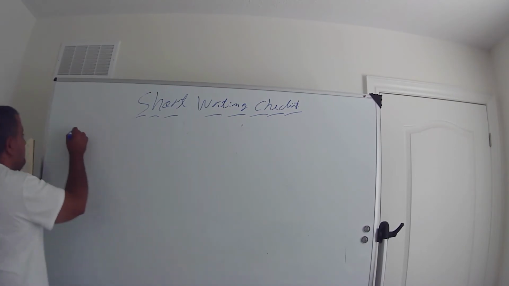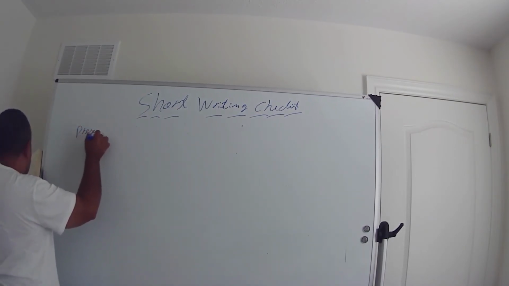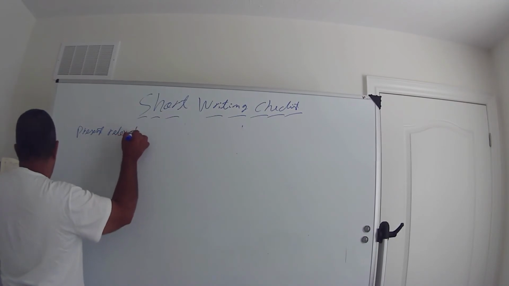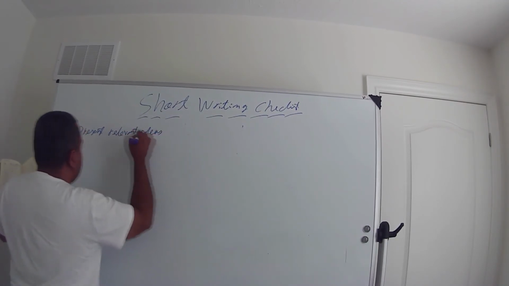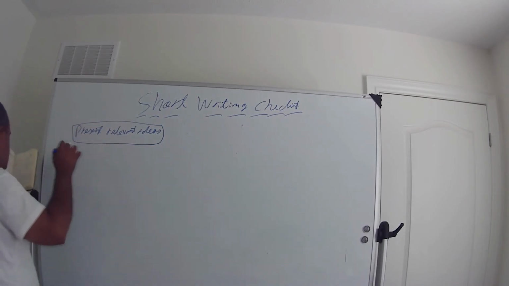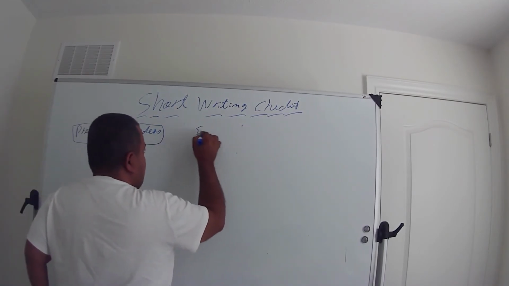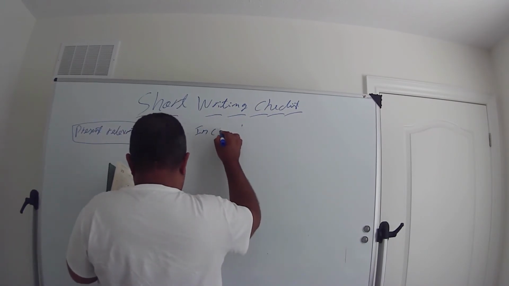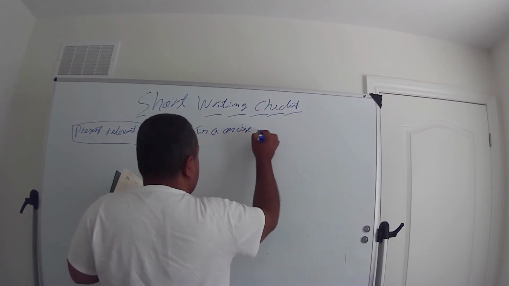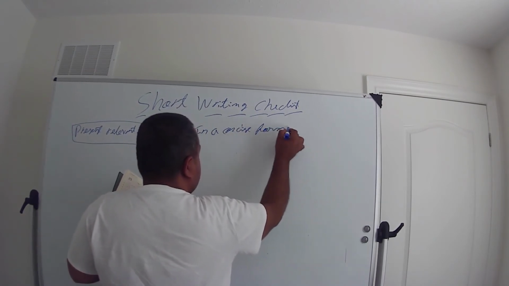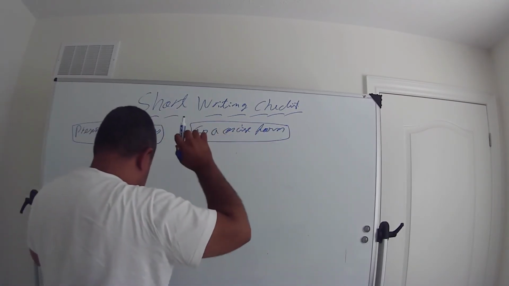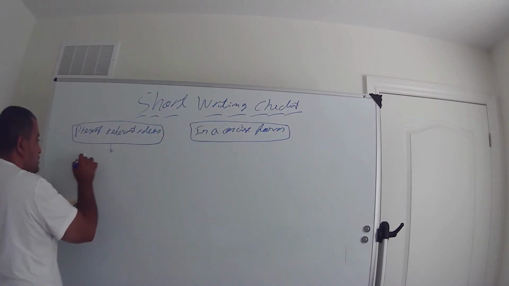So now we'll rephrase what we have discussed about the short writing checklist. The first one will be: present relevant ideas in a concise form. Keep that in mind. Then you need to support these ideas.